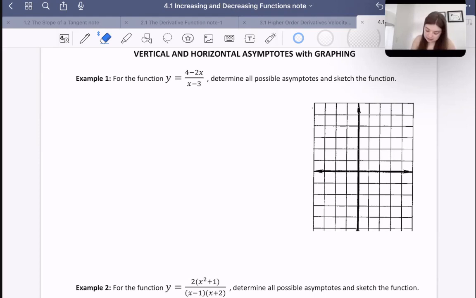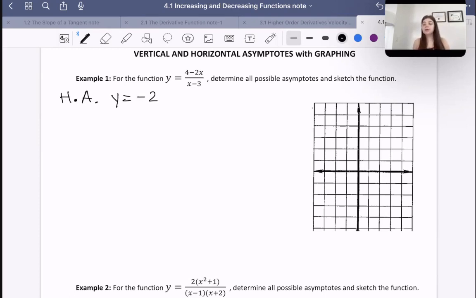Because the degree of the numerator and the degree of the denominator are both 1, it's just the coefficients, right? So it's just going to be -2, which is the coefficient of the highest degree on the top, over 1, right? And so the horizontal asymptote is y equals -2.